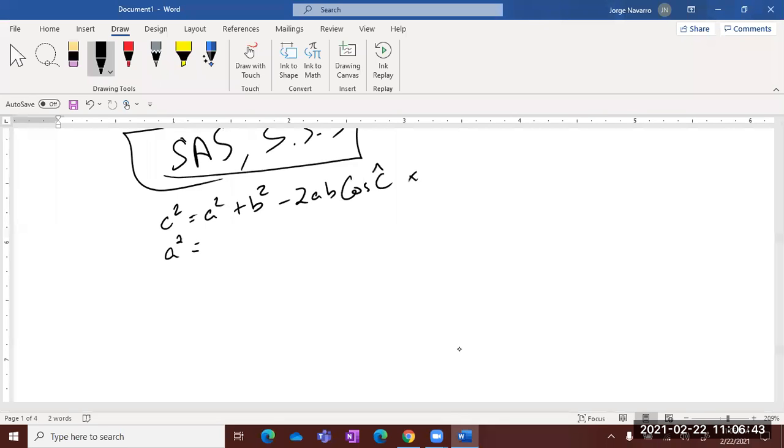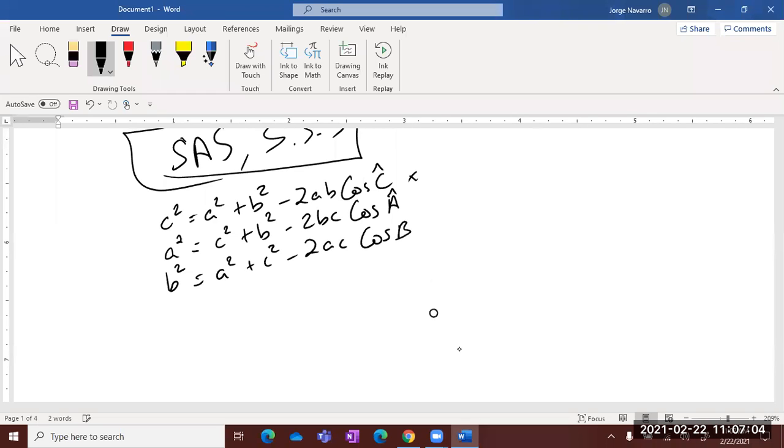I would have to just replace the A with C. So it would be A squared equals C squared plus B squared minus 2BC cosine of angle A. And similarly for B, it would have to be B squared is equal to A squared plus C squared minus 2AC cos of angle B. In other words, regular transposition for looking for the missing side does not work in this case.